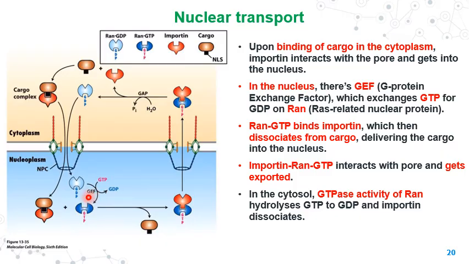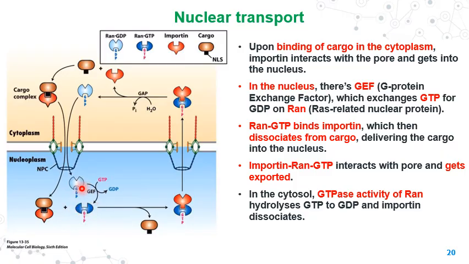So inside of the nucleus, you're going to have an abundance of GTP, more than what you have in the cytoplasm, right? And you're going to have a presence of this GEF. So GEF is going to get GTP and plug it into this other transport protein.